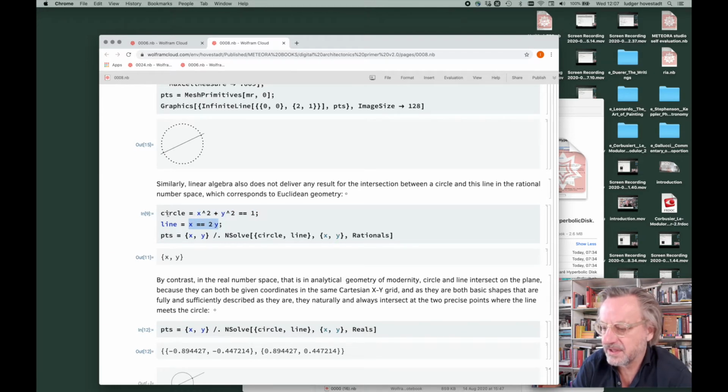We assign that to the symbol circle, and we assign the other equation to the other symbol. This is assignment, and this is equation, equality. Assignment of this equation to this symbol.